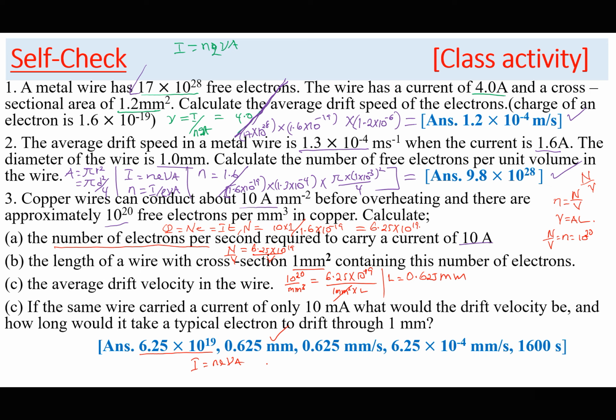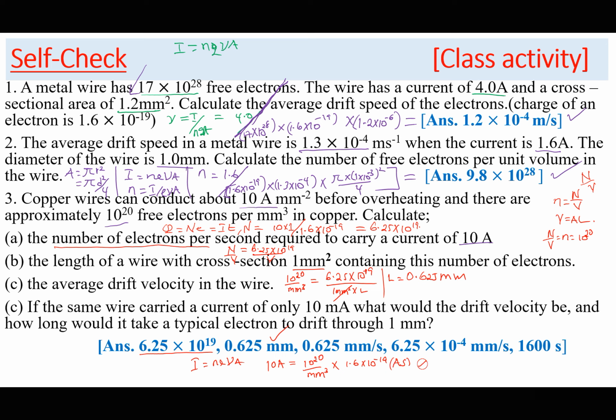So the current is 10 amperes, equal to n, which is 10 to the power of 20 per millimeter cubed. The reason I'm putting the units is to be sure that I arrive at the same units: millimeters, times e, which is 1.6 times 10 to the power of minus 19 coulombs. But remember, coulombs is the same as ampere seconds.